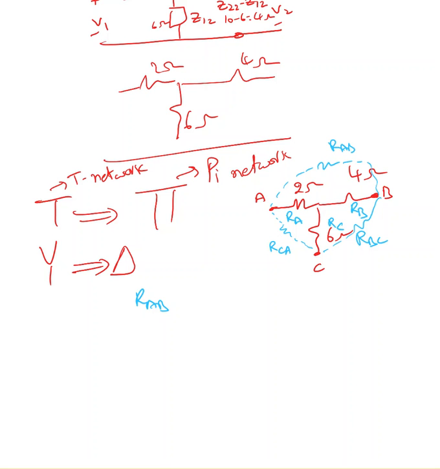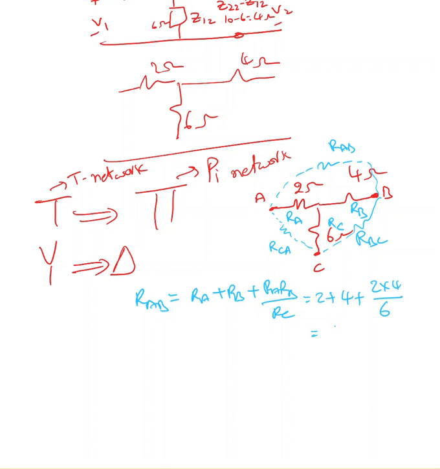So here my RAB equals RA plus RB plus RARB over RC. Remember, RAB is always larger than RA. So 2 plus 4 plus 2 times 4 over 6.